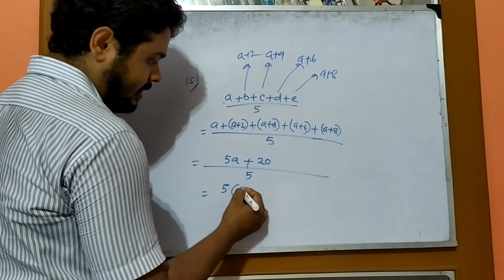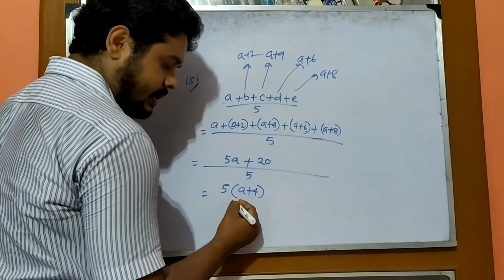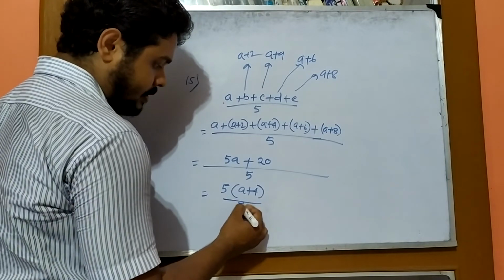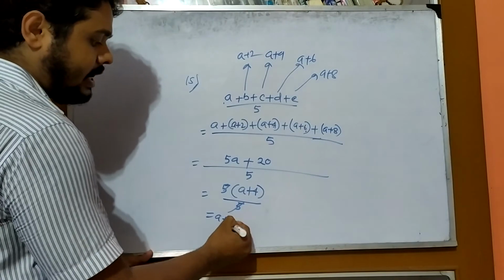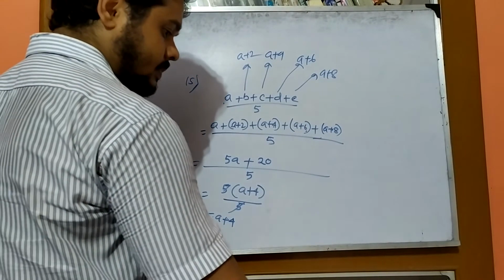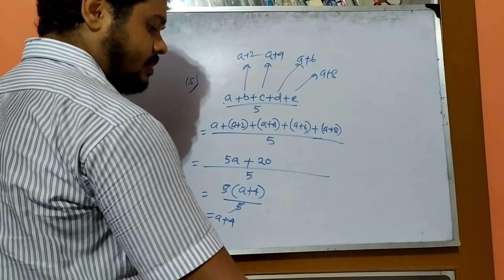Taking 5 as common, A plus 4. So the answer is only A plus 4. That is the average.